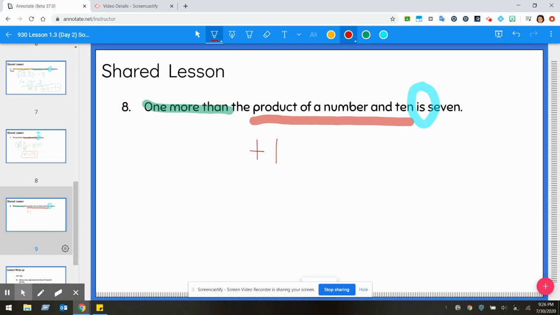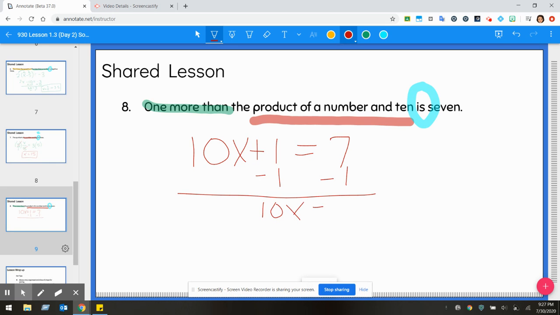A number and 10. So that's going to give me 10x. Product is multiplication, 10 times x plus 1 is our equal sign, 7. Okay, we want to get that variable of x isolated. So I'm going to subtract 1 from both sides. 10x equals 6.